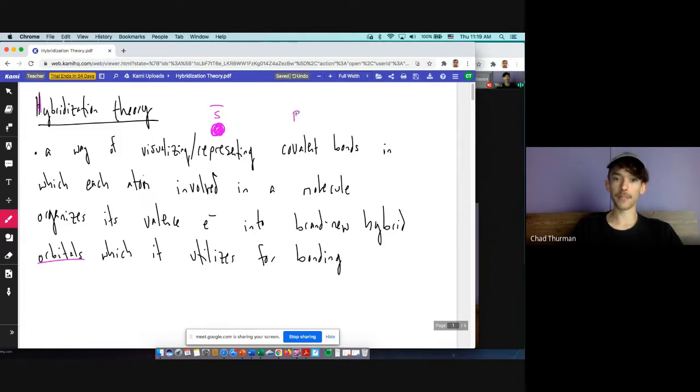The P-type sublevel has three different orbitals. D has 5, F has 7. We're not going to get into D and F with this, so just S and P. And remember that the P kind of looks like a dumbbell, and the three different P orbitals, I guess I'm already getting into too much detail here, but remember they kind of look like this.